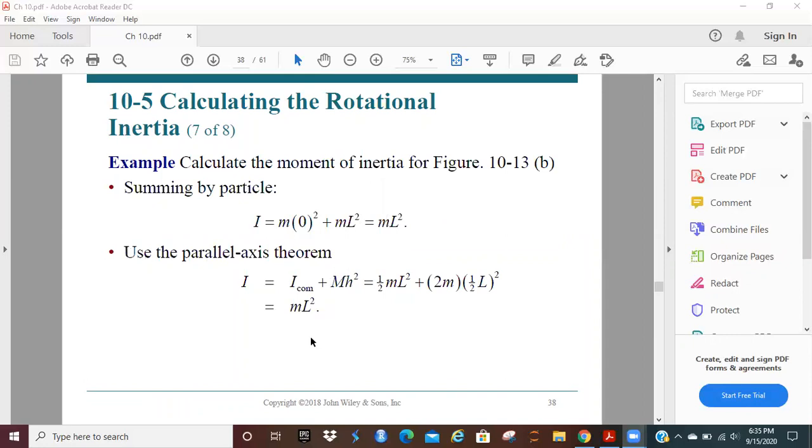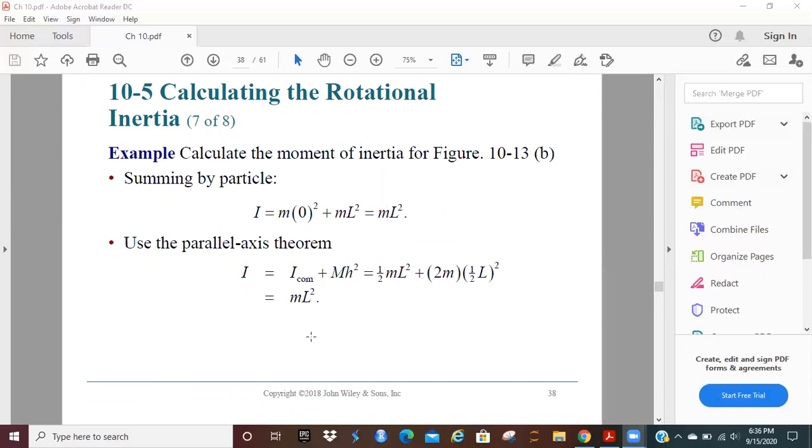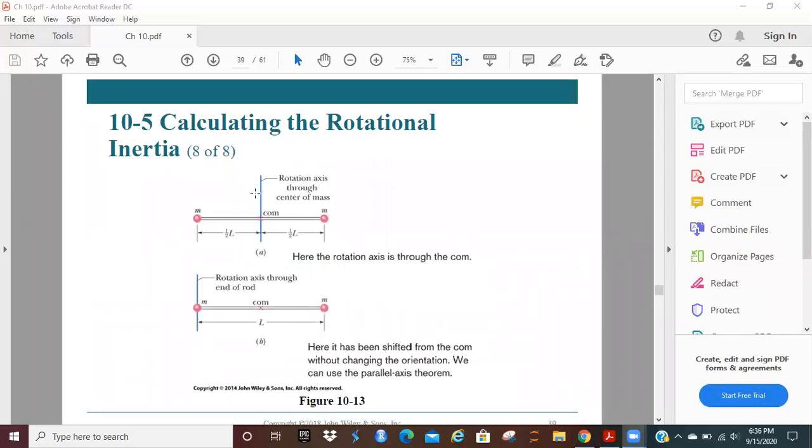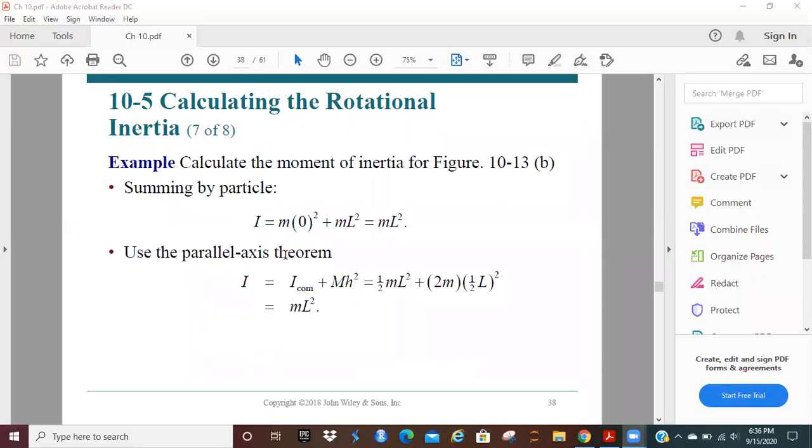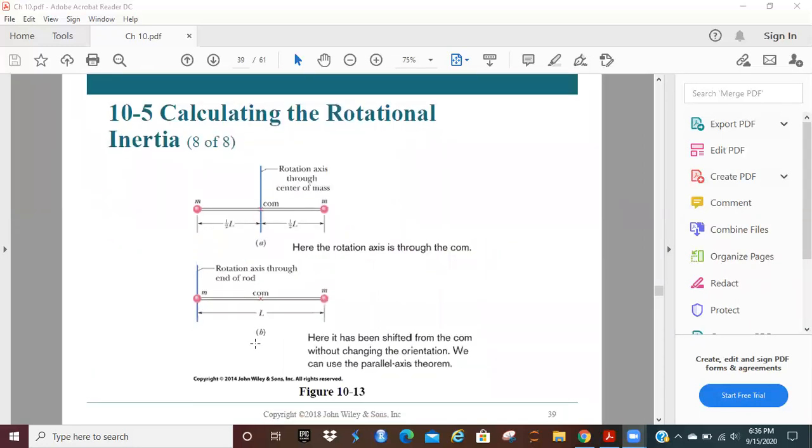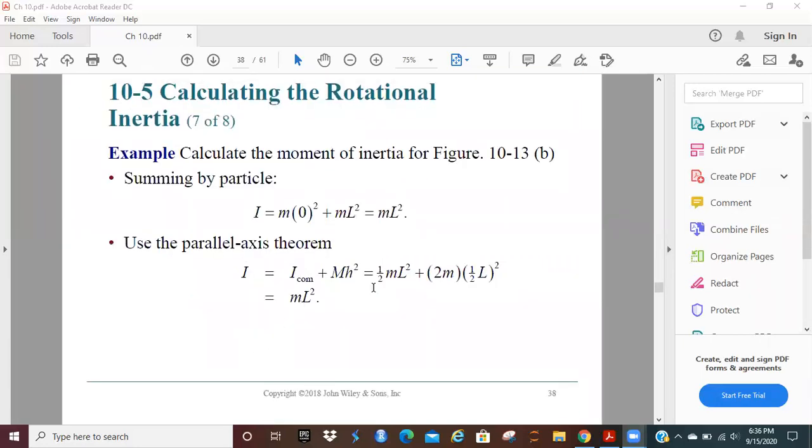If we were to use the parallel axis theorem, then we would have the moment of inertia as it rotates through here plus Mh squared. So we know what the moment of inertia is here. I'll leave you to figure that out.